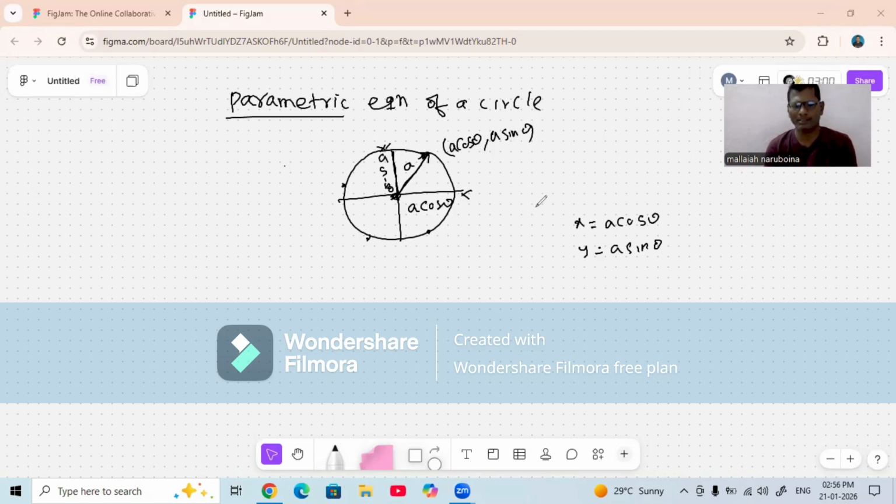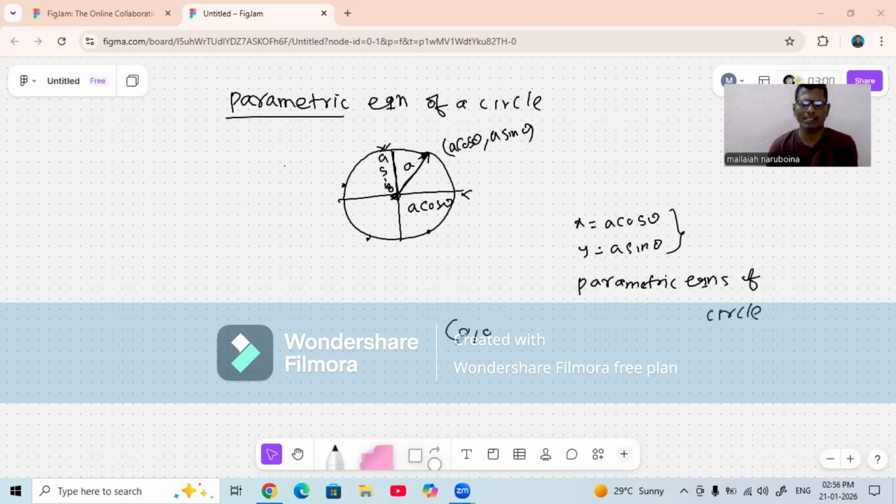Right? Use the vector concept. So x is equal to A cos theta and y is equal to A sin theta. These two are called the parametric equations of a circle.